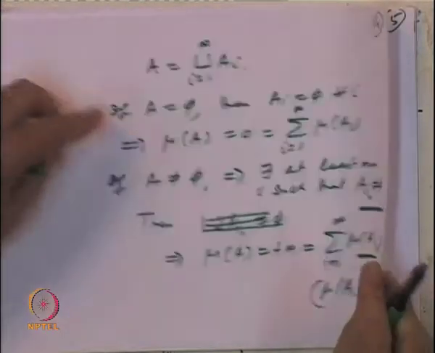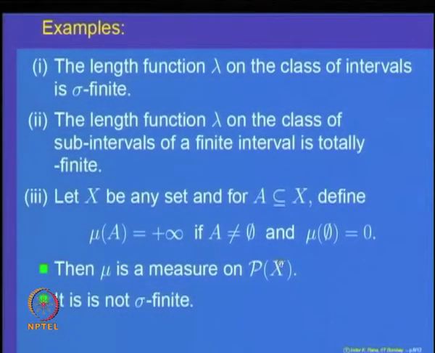So, they are the same. So, this is a measure on the class of all subsets. So, mu of A is plus infinity if A is not empty and mu of the empty set is equal to 0 is a measure, and this obviously is not sigma finite, because there are no subsets whose mu is finite. So, this is an example of a non sigma finite measure.